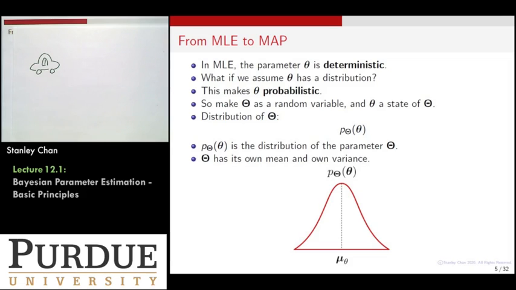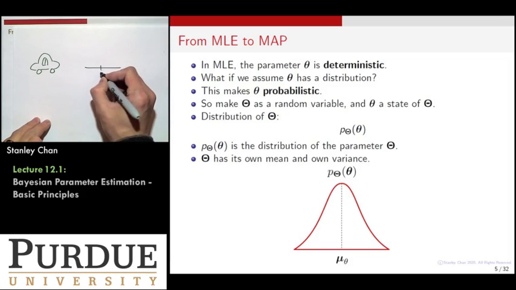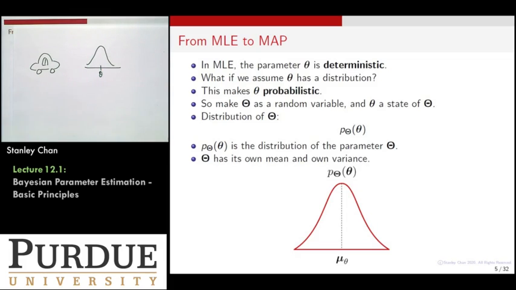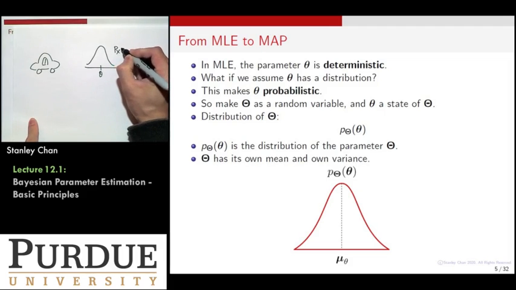Suppose you are indeed at a theta. Then the radar will say that you have a certain distribution. That is the measurement obtained by the radar. So this is p_x of x given theta.